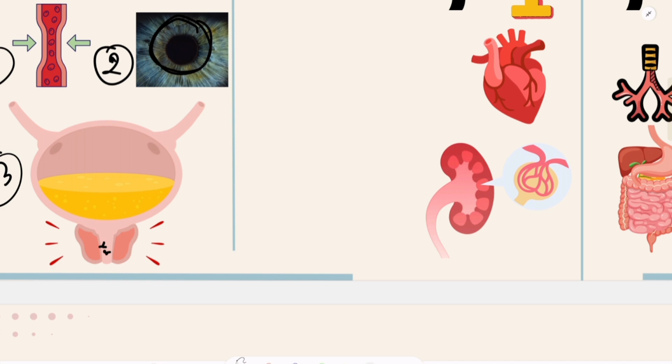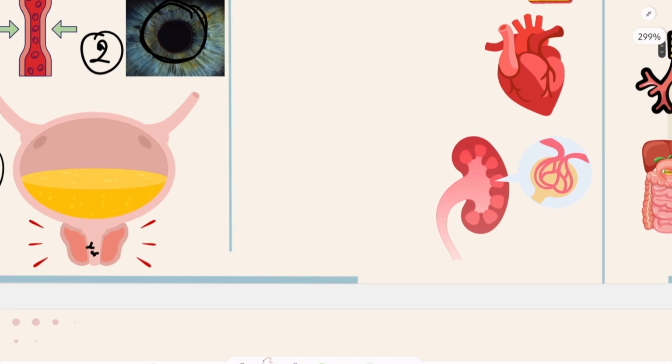We all know the effect of the sympathetic system on urine outflow from our previous video, that it decreases the urine outflow. So the alpha 1 receptor in the prostatic urethra decreases the urine outflow. In which prostatic condition is urine outflow already less?